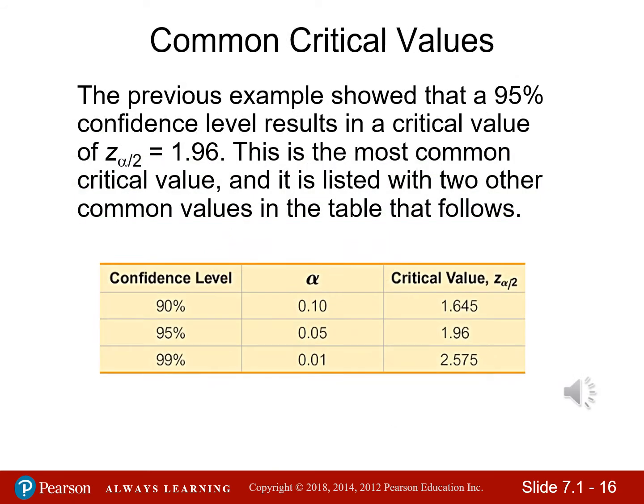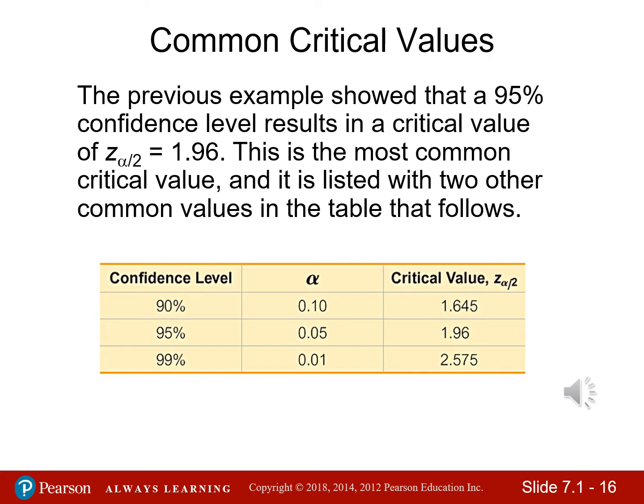The previous example showed that a 95% confidence level results in a critical value of z to the alpha over 2 equal to 1.96. This is also the most commonly used critical value, and it is listed with two other common values in this table below.